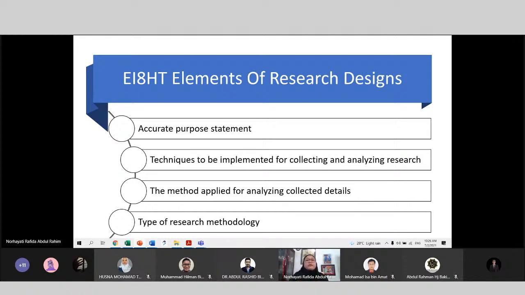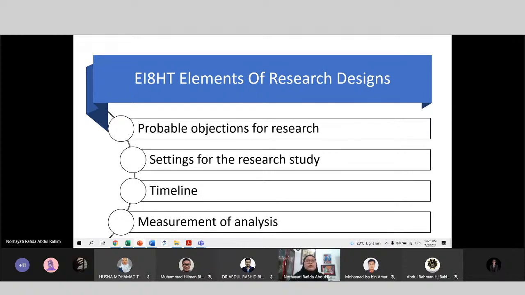To have this research design, you must be ready with the techniques you plan for the research, and the method applied for analyzing the collected details. What method, what techniques do you use for this research? Interviews, survey, experimental, and then the type of research methodology.